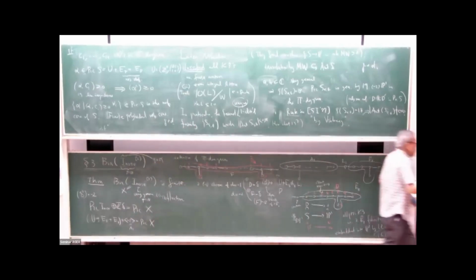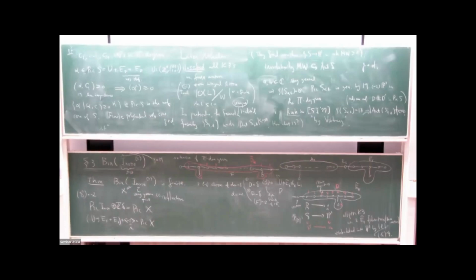So this chain is closed and becomes a circle by adding F minus delta.